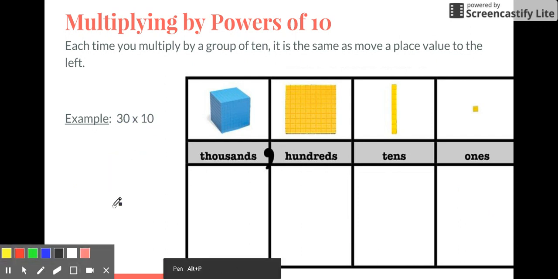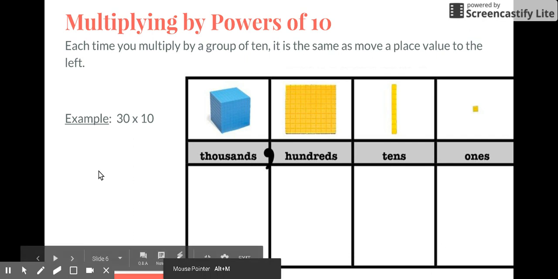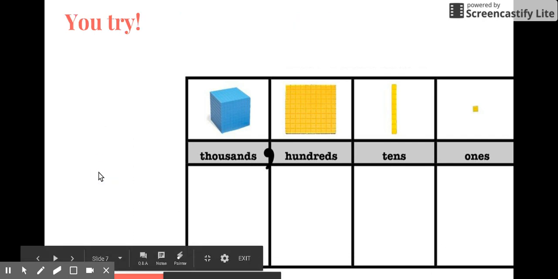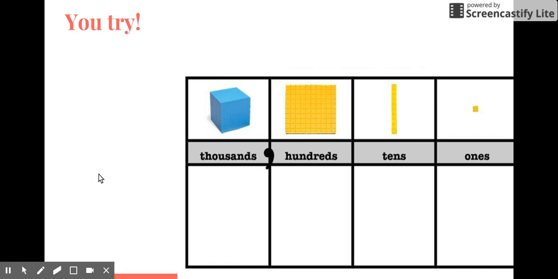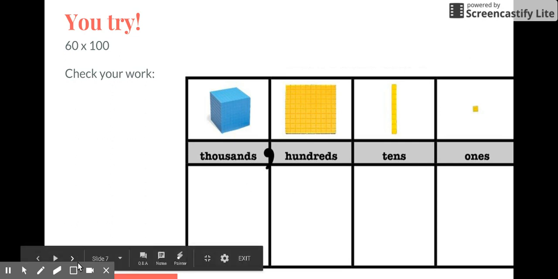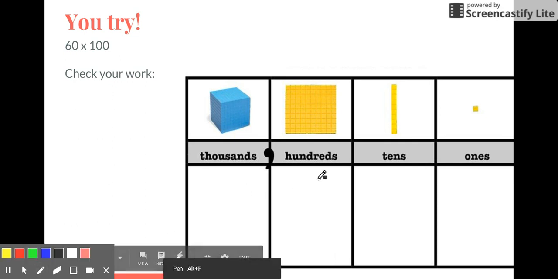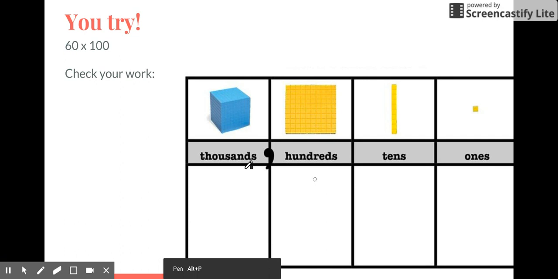Let's go ahead and try another one. I'm going to show you a problem, and I want you to solve it on your board. When you're ready to go on, go ahead and press play so we can check your work together. So I can check my work with 60 times 100. I can either put 600 in my place value chart, or I could look at my basic fact, which is 6 times 1.